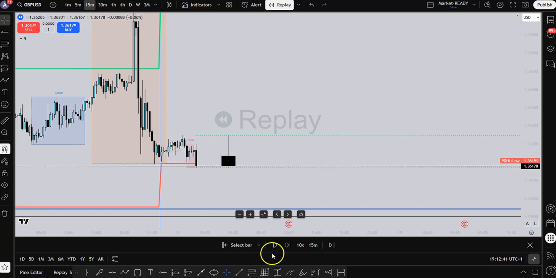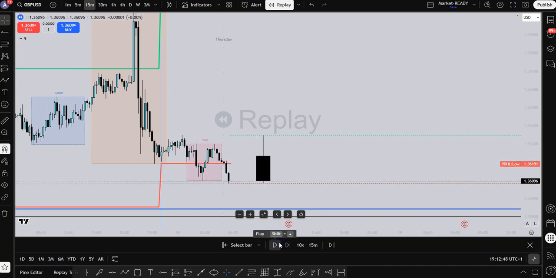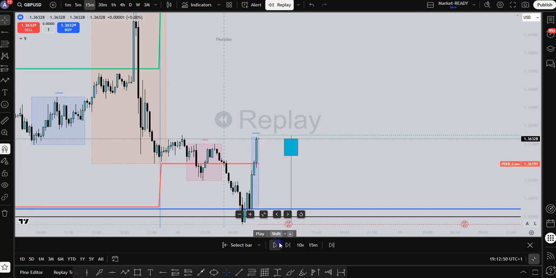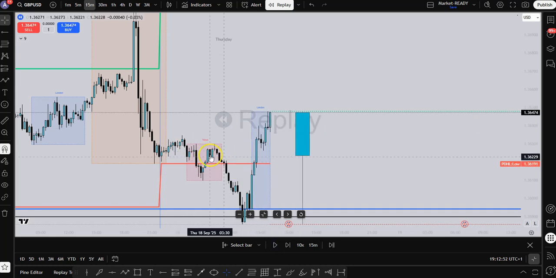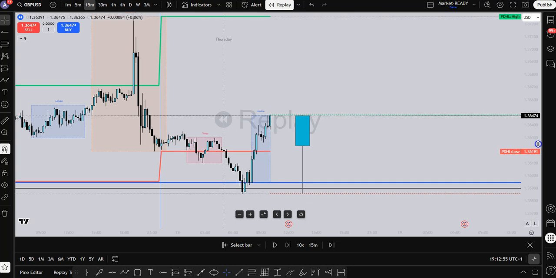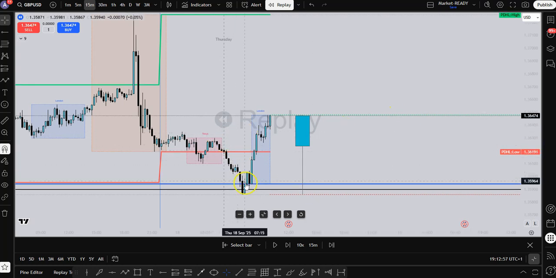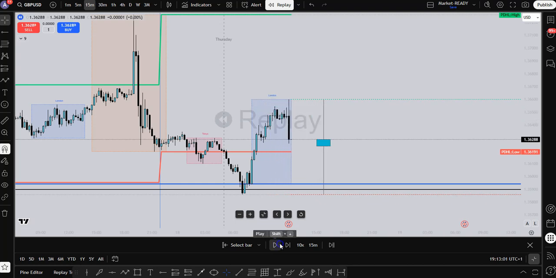So it was September 17th. So we have another session. We have London sweeping the low, then the high, then continuing down.